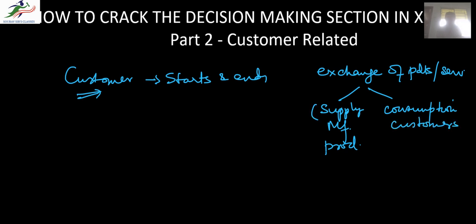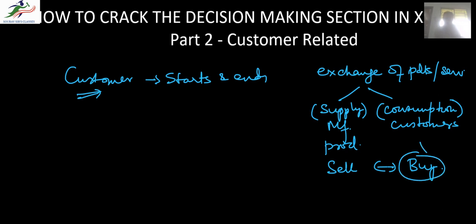So suppliers supply and customers consume. That means, in simple terms, suppliers sell and customers buy. So this is the exchange that happens. It is very easily understood that if there are no buyers in the market, then even if you produce the product, you cannot sell it.